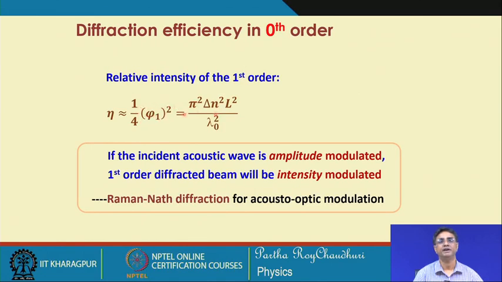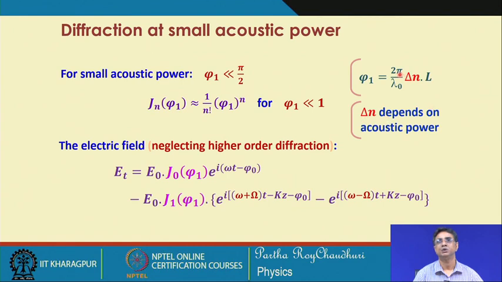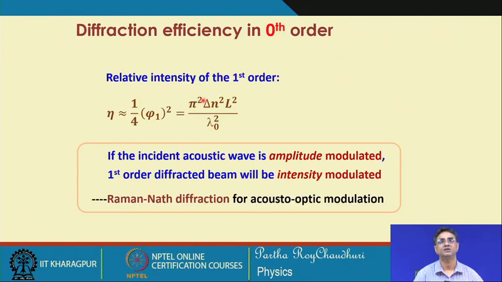And phi is equal to 2 pi delta n L by lambda 0. So, phi squared will be 4 pi squared delta n squared L squared by lambda 0 squared, and the 4 cancels. So, we get an expression for the relative intensity in the first order diffracted wave in the Raman-Nath diffraction, for low acoustic power.